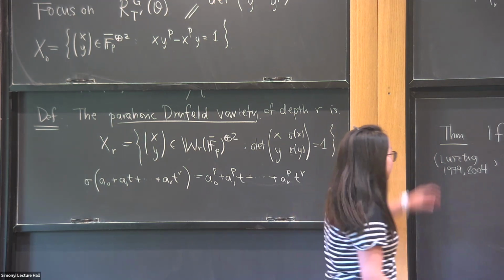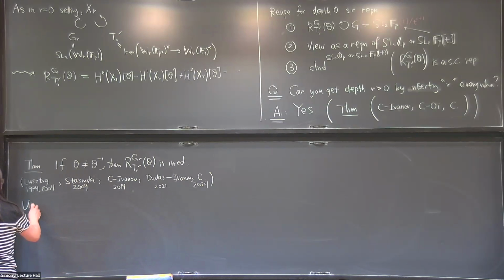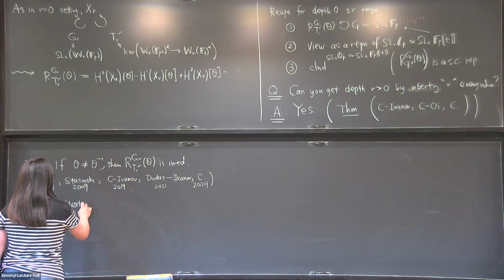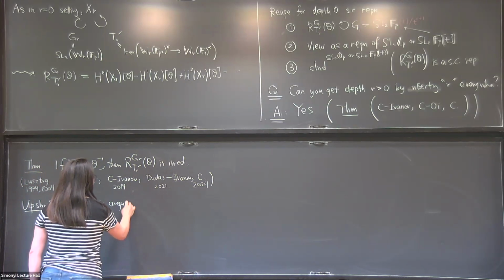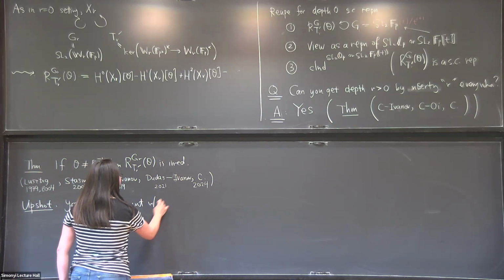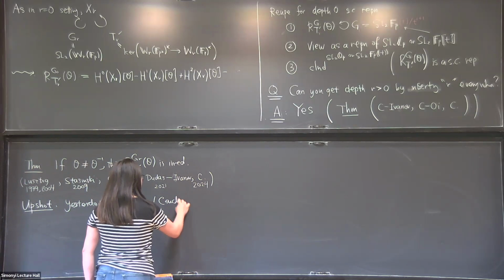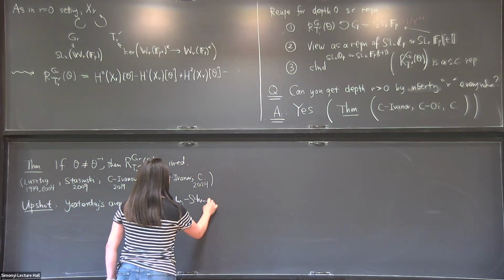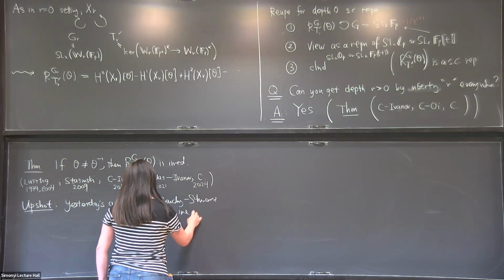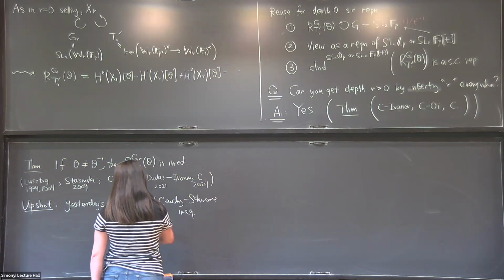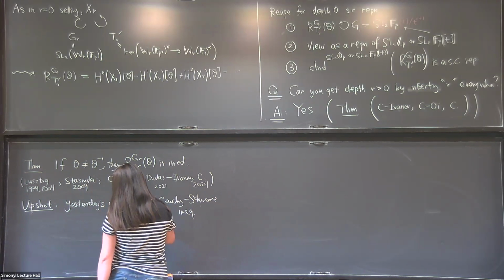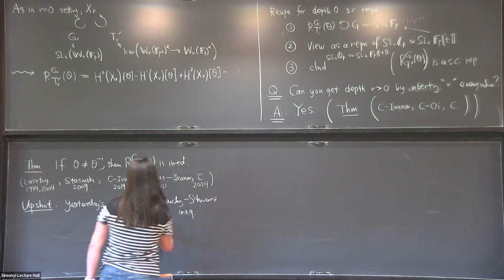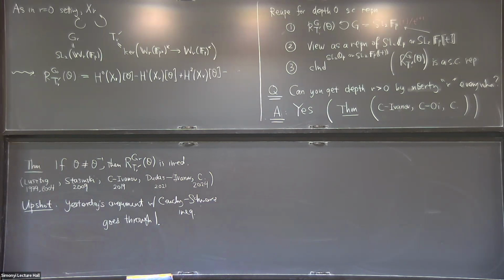So the upshot is yesterday's argument with Cauchy-Schwarz inequality goes through once you have this theorem.